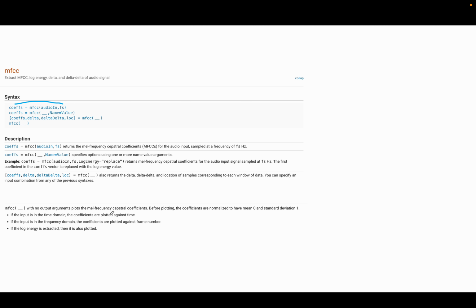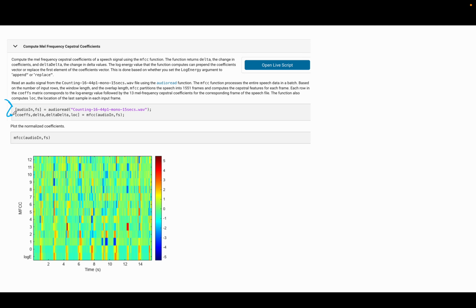You do have the ability to put the output in an array. Right here, second line.